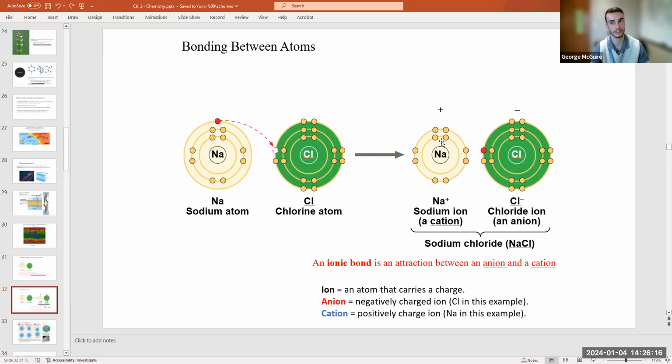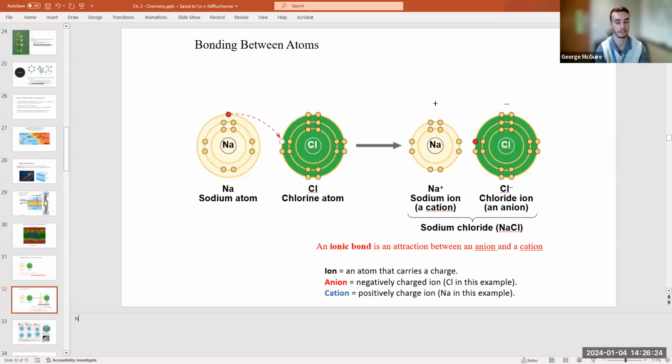It started with 11 protons and 11 electrons. It gave away 1 of its electrons. So now it has 11 protons, but only 10 electrons, leaving it with an overall charge of +1.